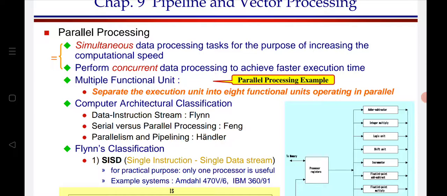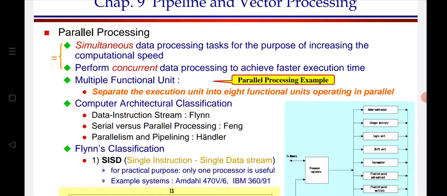Executing many programs or many instructions parallelly together is known as parallel processing. It is simultaneous data processing for the purpose of increasing the computational speed. It performs concurrent data processing to achieve faster execution time.